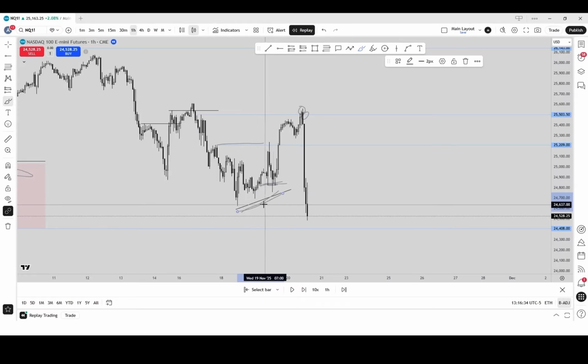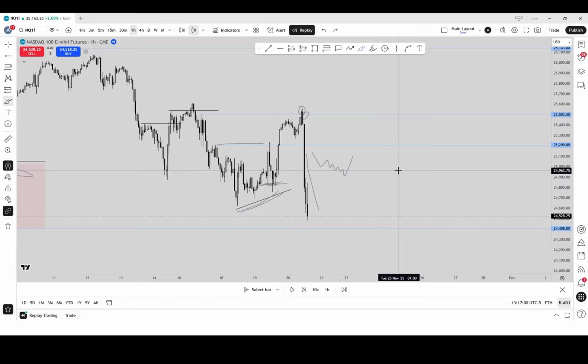So most likely price is going to sell right off. If we don't do this, sometimes you'll see price slow down in that area, build more, sweep, and then if there's an LB over here, we can take that short all the way to the lows. Simple enough.